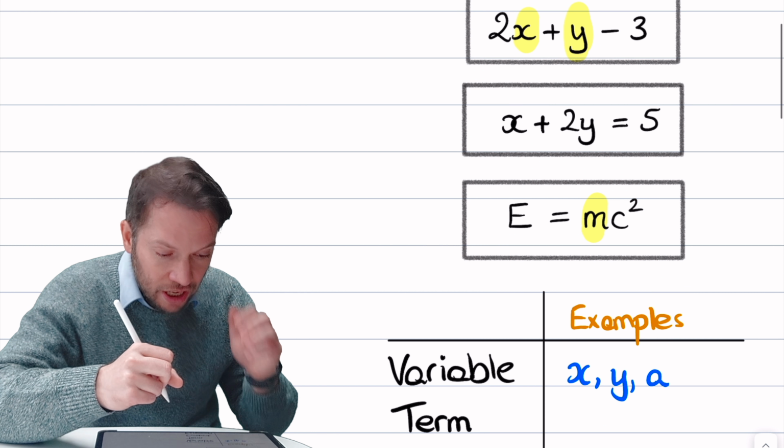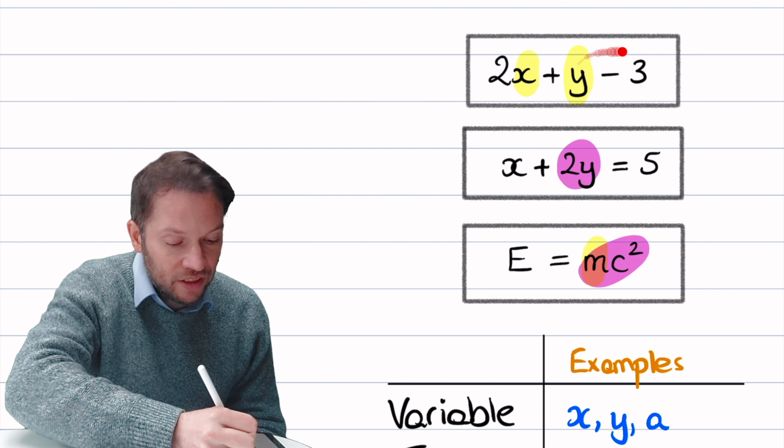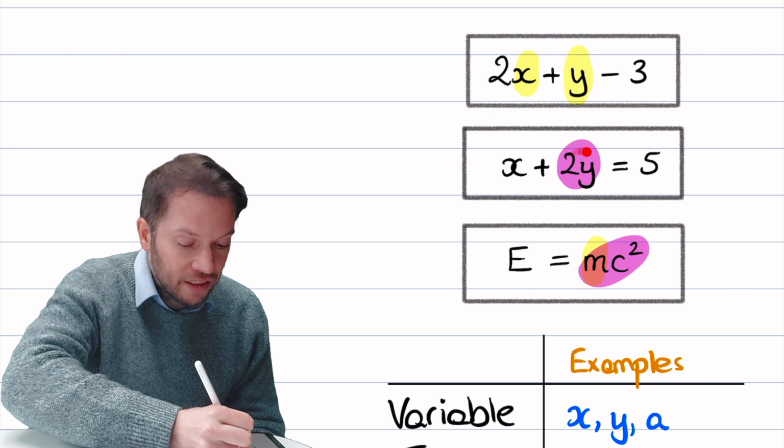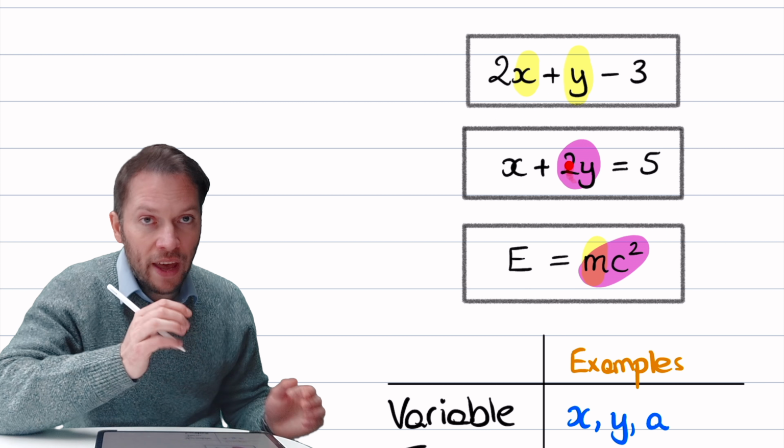Even the whole of the mc squared, that is a term because it's a collection of letters and possibly numbers together, maybe with powers. But we wouldn't consider the x plus 2y to be a term because it's separated by that addition. Similarly, the y minus 3, that wouldn't be a term because it's separated by the subtraction. So basically, it's some numbers and letters without an addition or subtraction, that kind of thing.